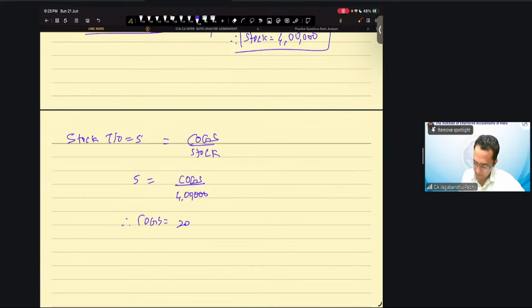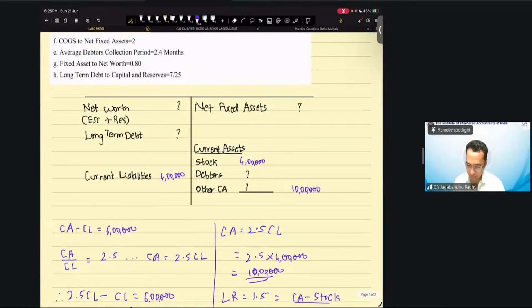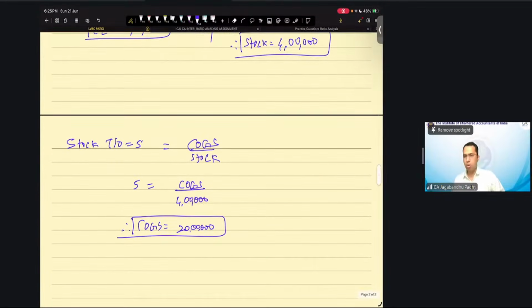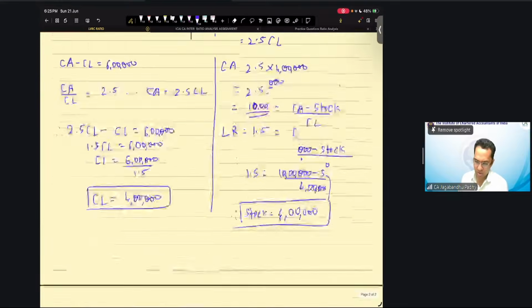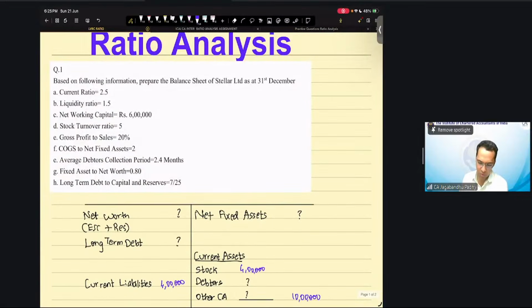So COGS will be 20 lakhs. Got it? So COGS is 20 lakh, but we need to look at the gross profit to sales, because from that we are going to get the COGS to net fixed assets, and also sales will be available for calculating the debtors.